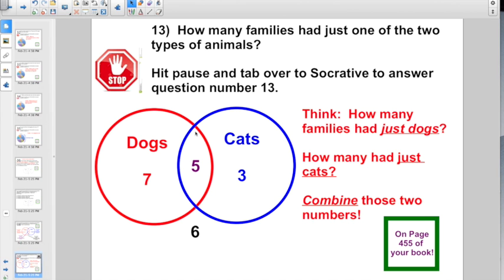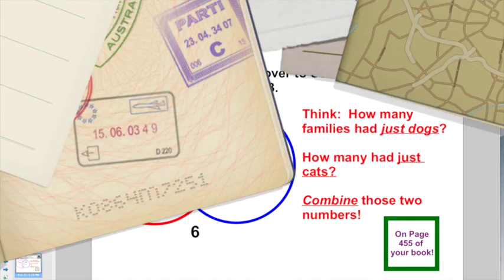We're not talking about the people who had dogs and cats where the circles overlap. How many families had just one of the 2 types of animals? So think about that and combine those 2 numbers. Hit pause, tab over to Socrative to answer question number 13.